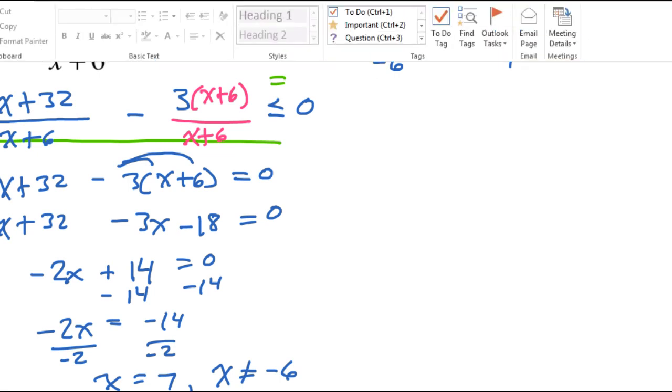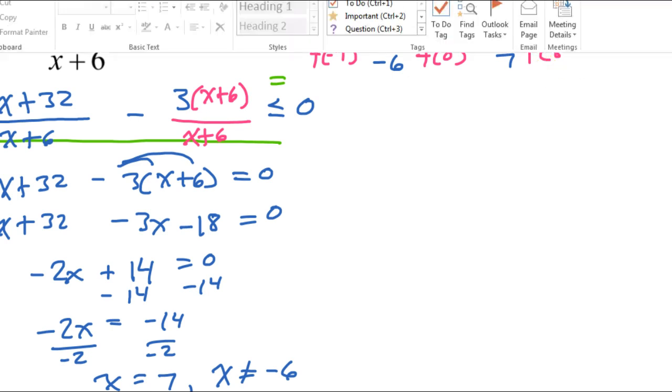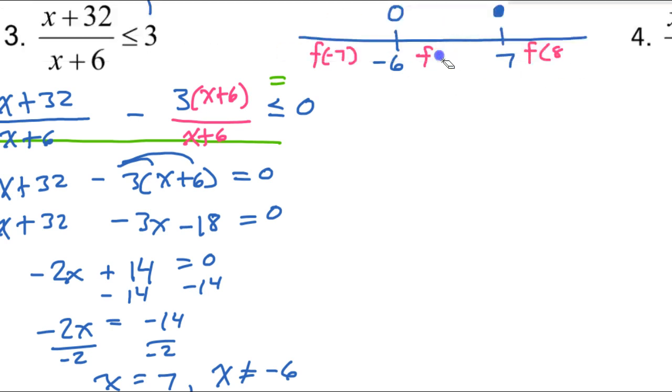All right, so now I need to test each interval. For example, let's check f at negative 7. Let's check f at 0. And let's check f at 8. You know what? I like to color coordinate these. So let's see, f at 0.